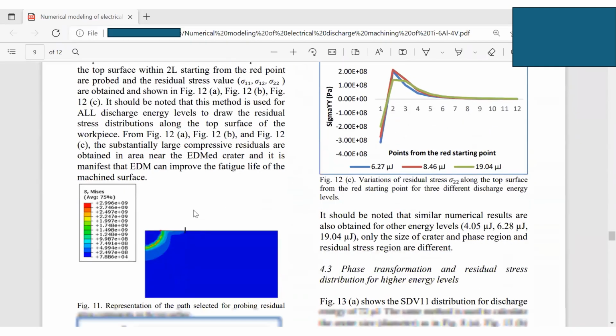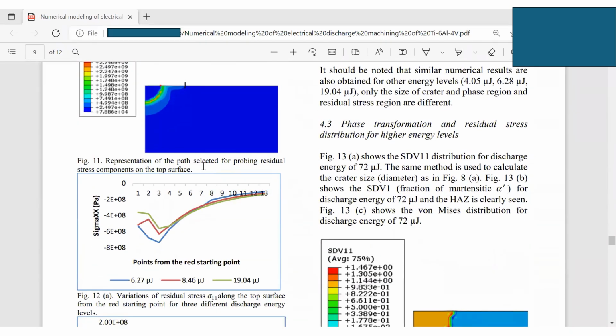Here is the residual stress. We want to calculate residual stress. So this is a crater. We use an axisymmetric model. Here is the axis, and this is a Gaussian distribution going this way.